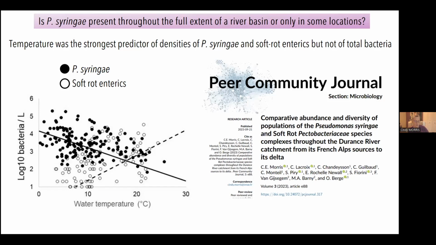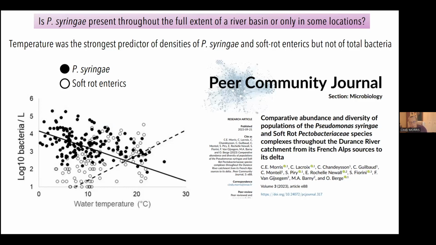Pseudomonas syringae population densities were inversely correlated with temperature, whereas the soft rot enterics were positively correlated with the temperature. This is basically basic ecology that we know about these bacteria, but it really overrides everything. For Pseudomonas syringae, it has almost nothing to do with land use along the river. It really has to do with temperature.